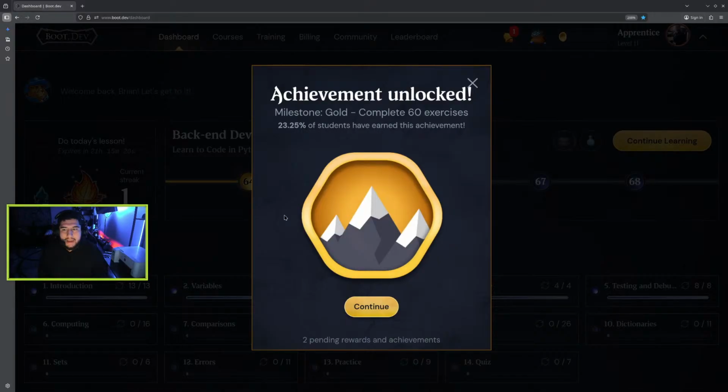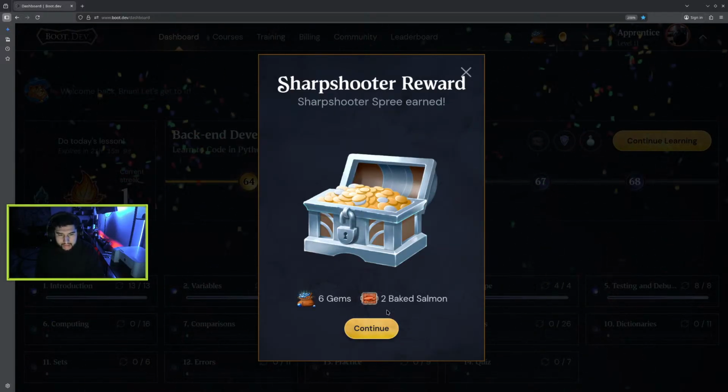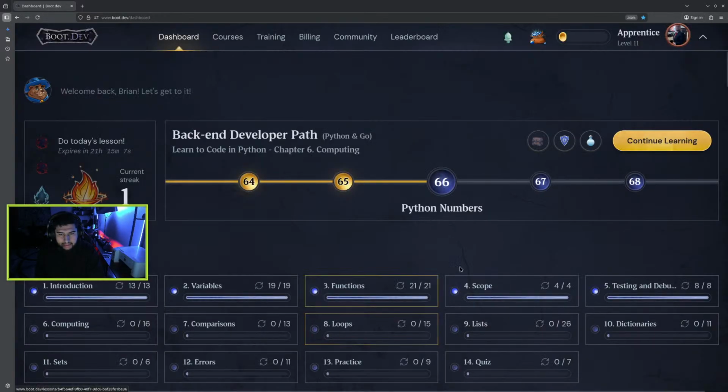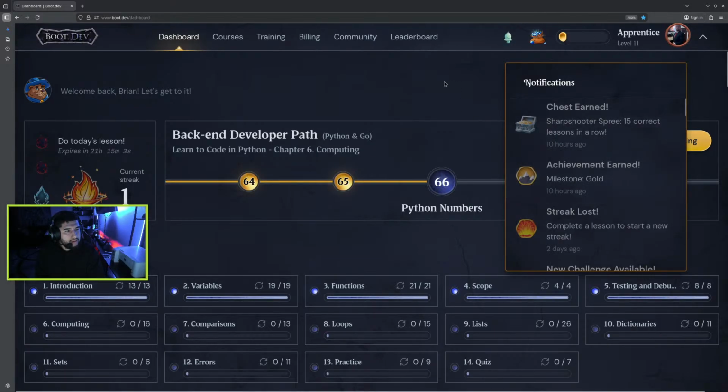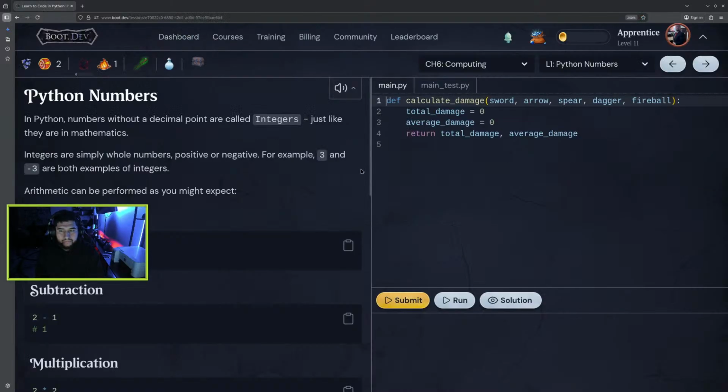Complete 60 exercises. 23.25% of students have earned this achievement. Wow. 2 pending rewards. Rewards and achievement. Continue. Alright. Got 6 gems and 2 baked salmons. Next. Oh, that was pretty much it. Alright. Continue learning.